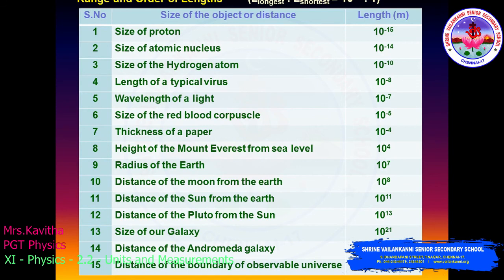The size of a proton is 10 power minus 15, size of an atomic nucleus 10 power minus 14. The size of our galaxy is 10 power 21. The distance between the sun and the earth is 10 power 11. Like that they have given a number of values for your convenience to know about the ranges.